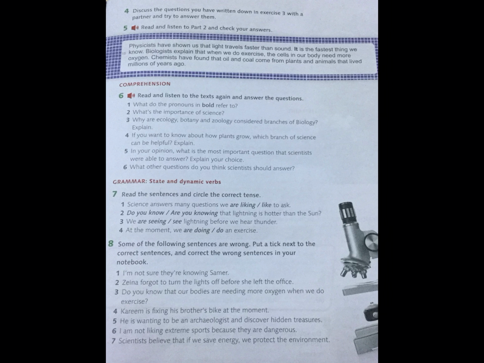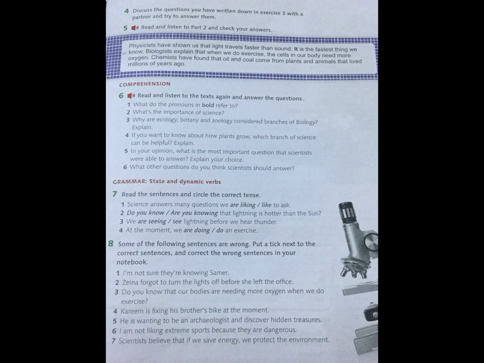6, we have I am not liking extreme sports because they are dangerous. 6 is wrong. So the correct answer is I don't like extreme sports because they are dangerous. Why? Because like does not come in the continuous.